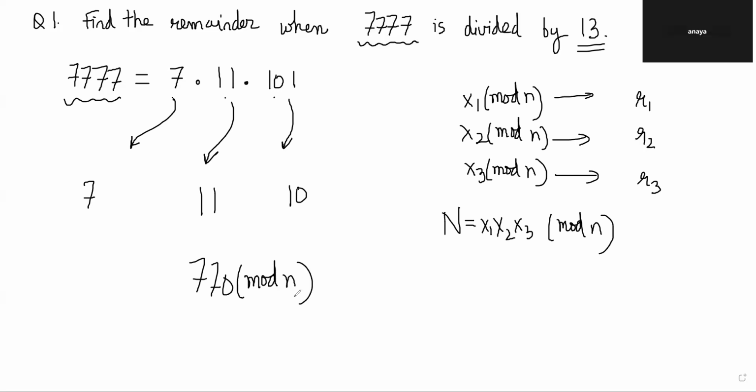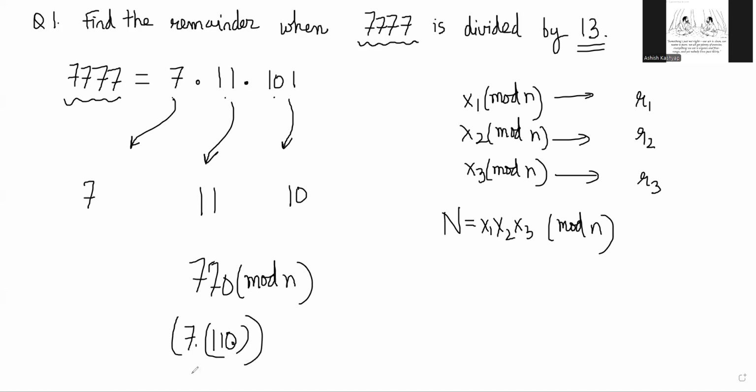Correct. Repeating the same logic again here, this is 7 into 110, right? Yes. Again, 7 mod n, and 110 is 6 mod n if you think about it, right? Because 104 is divisible by n.